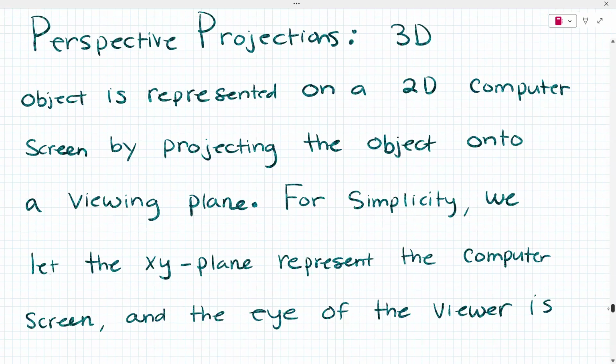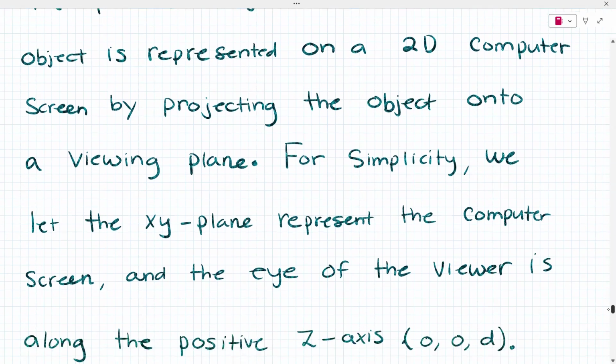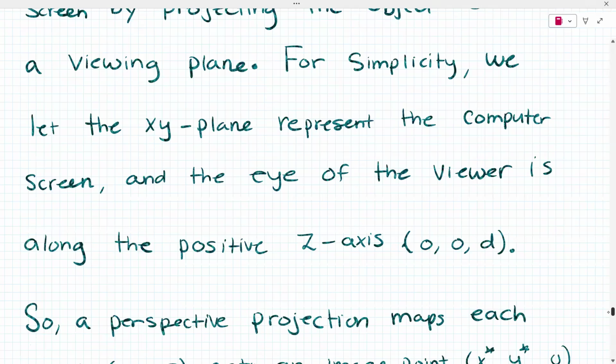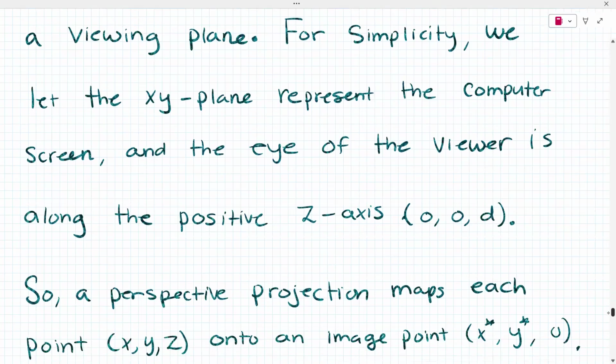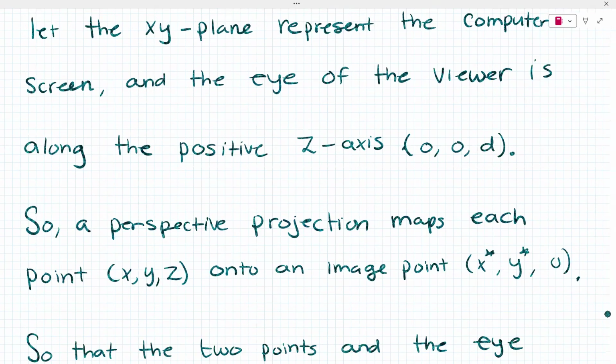For simplicity, we let the XY plane represent the computer screen, and then the eye of the viewer is along the positive z-axis, at 0, 0, D.